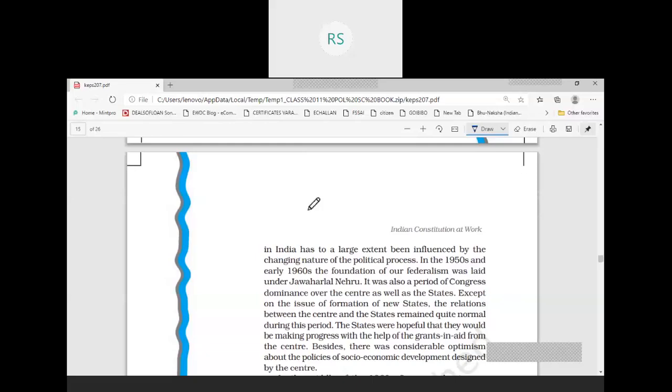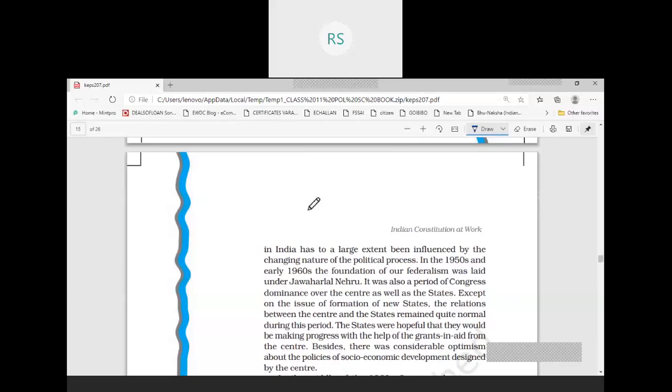when India became independent and the first election took place, and then the second and third, up to the year 1967, the Congress was the only party ruling at the center, and in most of the states there was the rule of the Congress party.